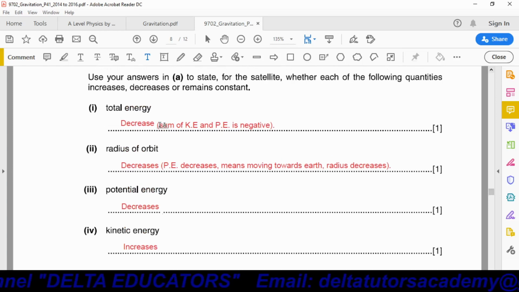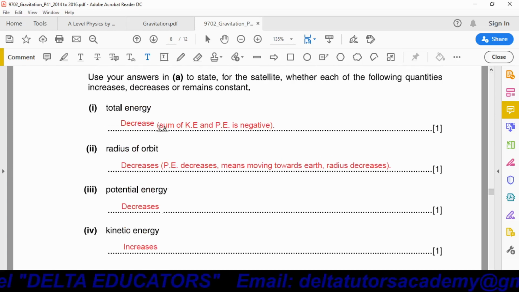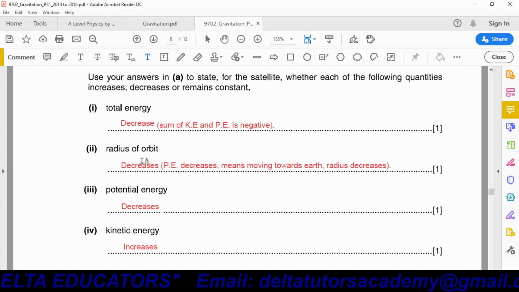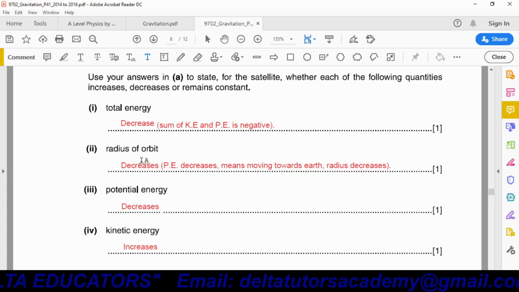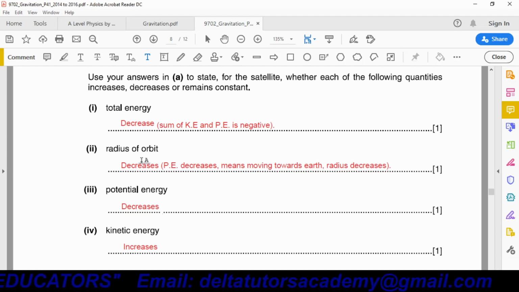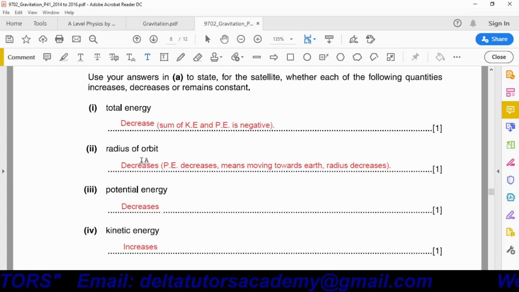So we can say kinetic energy is increasing. So what is the answer? Total energy decreases because the sum of kinetic and potential energy is negative. Radius of the orbit decreases because the object is moving toward the surface of the planet. When it is moving toward the surface of the planet, its potential energy decreases, and with decrease in potential energy, the radius or the distance between the planet and the object decreases.